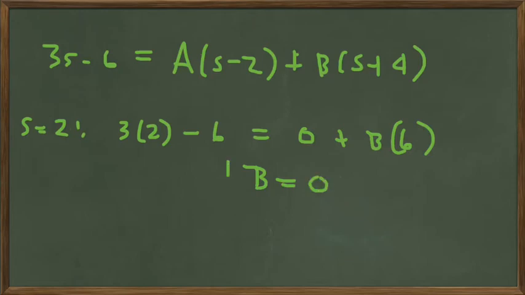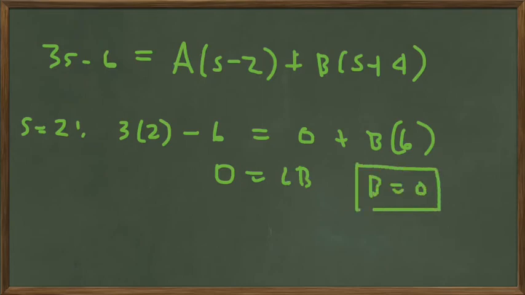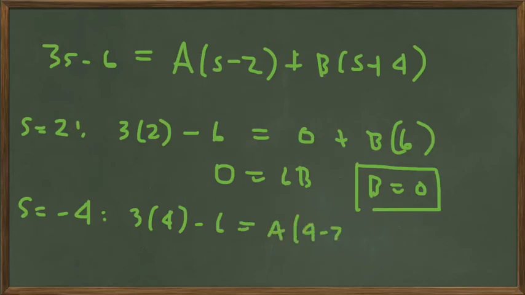The left-hand side is 0 equals 6b, so b equals 0. And then we would choose s equals minus 4, and the left side is 3 times minus 4 minus 6. The right side is a times minus 4 minus 2 plus 0. That is minus 18 equals minus 6a, or a equals 3.